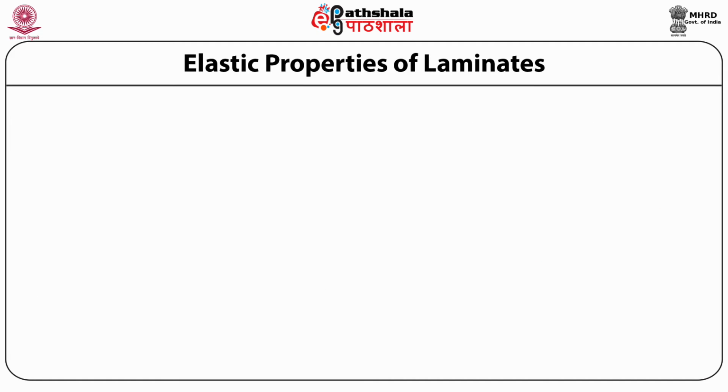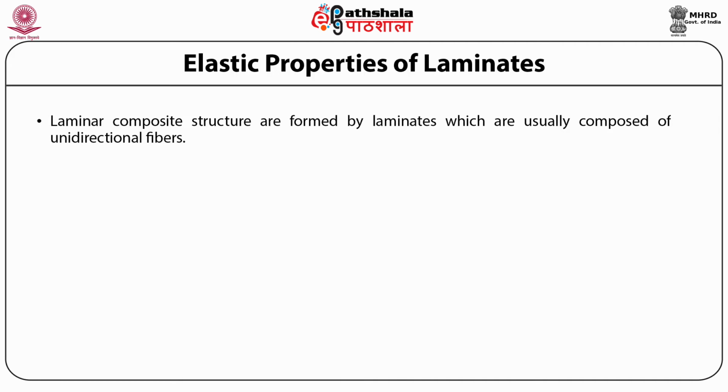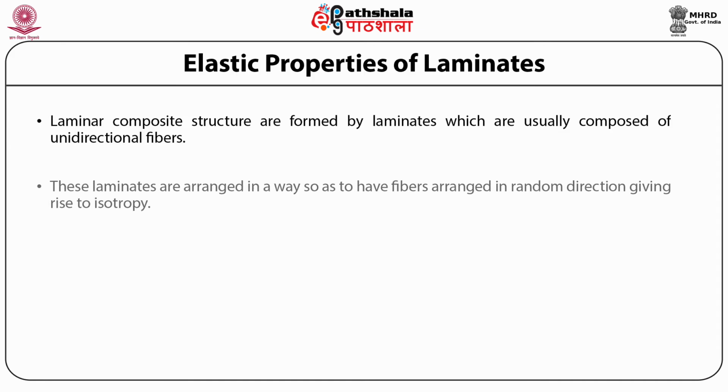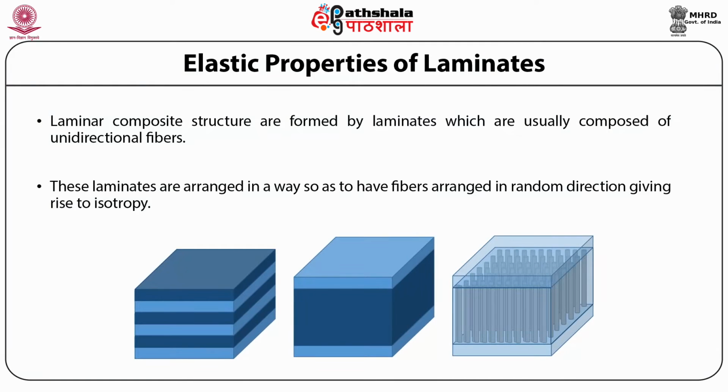Elastic properties of laminates. Laminar composite structures are formed by laminates which are usually composed of unidirectional fibers. These laminates can be arranged in various ways. So these are the figures which show the various possible orientations for laminates.